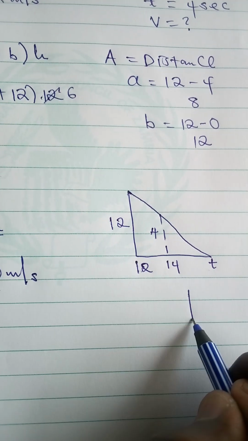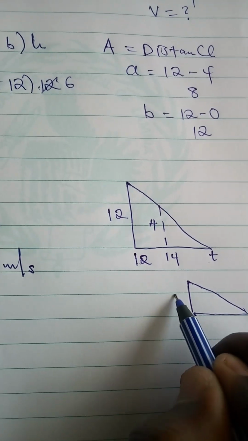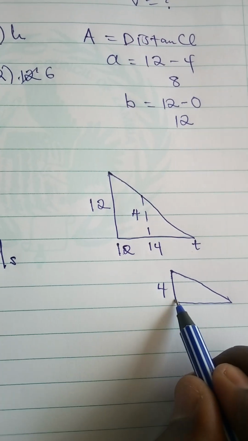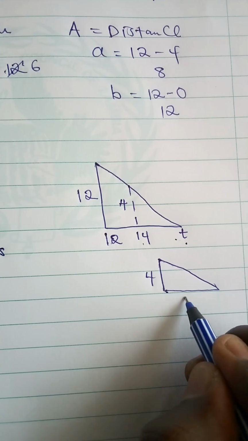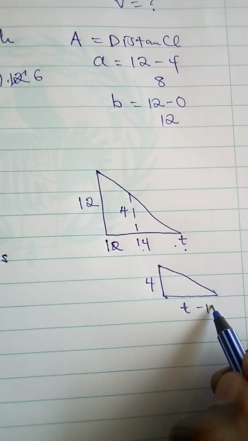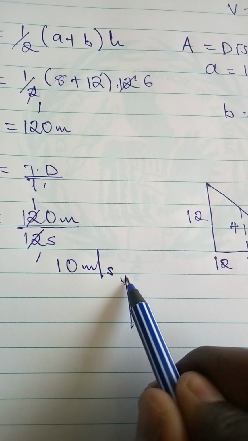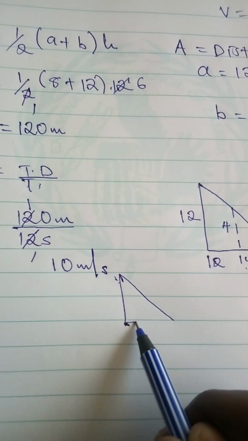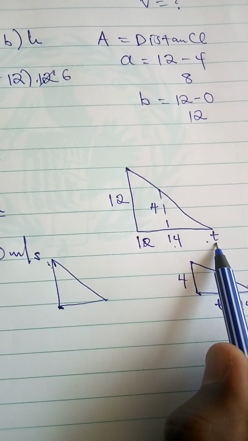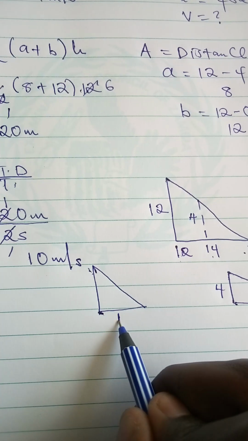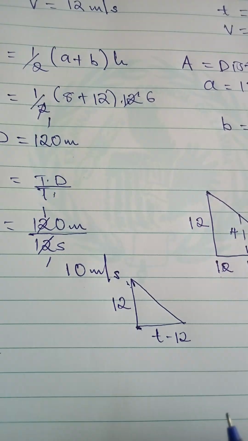You have the small triangle there having 4 meters per second, and then there the difference between t minus 14, so t minus 14, and then the bigger triangle there you are having, so you have to subtract t from 12, so t minus 12, and then you are having 12.